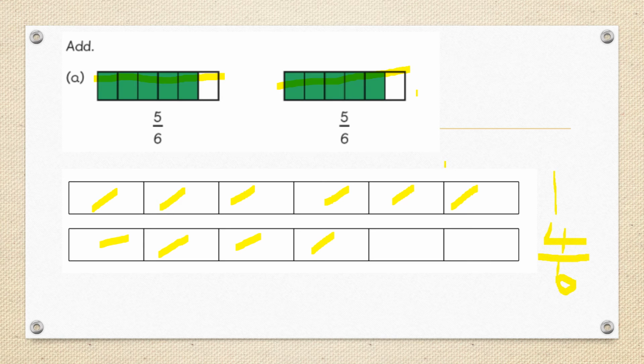So, can we simplify it? Yes, we can. 4/6 is equal to 2/3. So our answer would be 1 and 2/3.